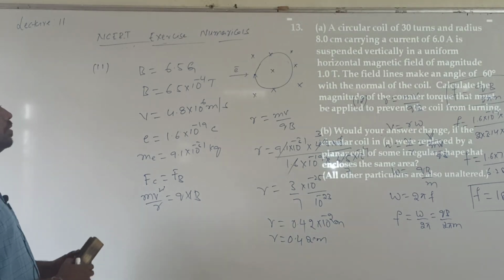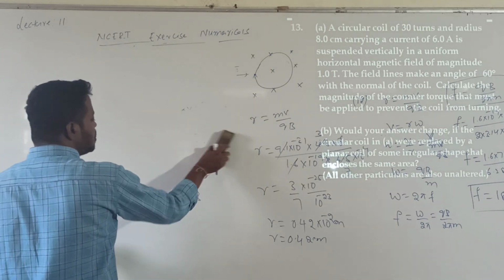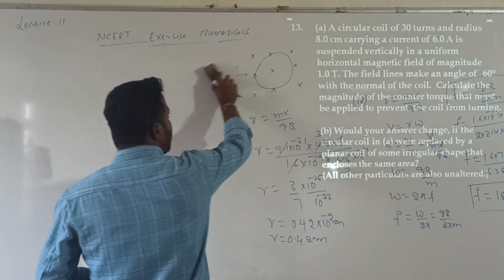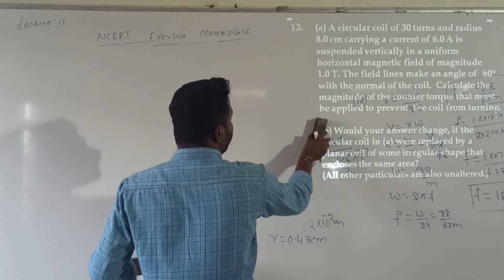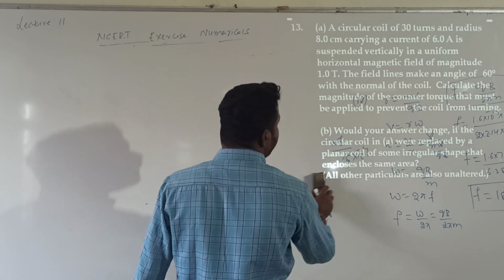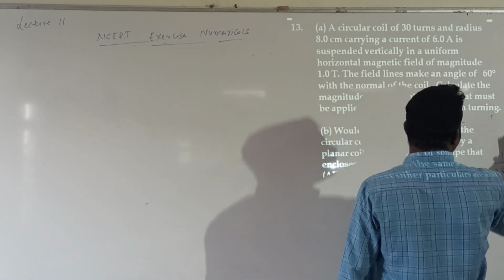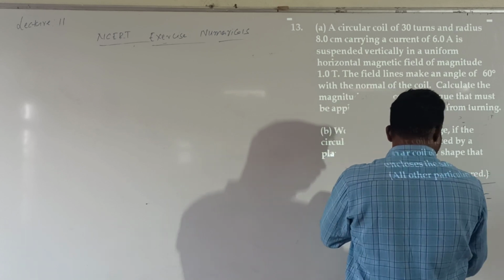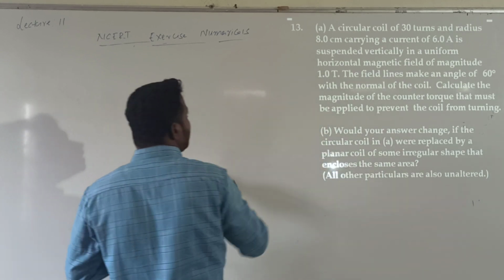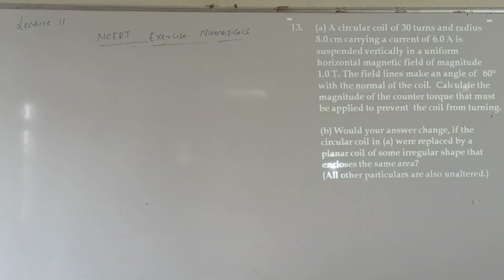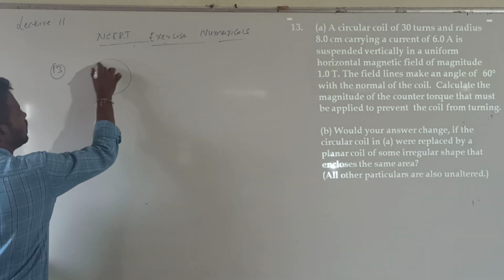So last question, question number 13. A circular coil of 30 turns, radius 8 centimeters, carrying a current of... So in this question number 13, a circular coil is there.